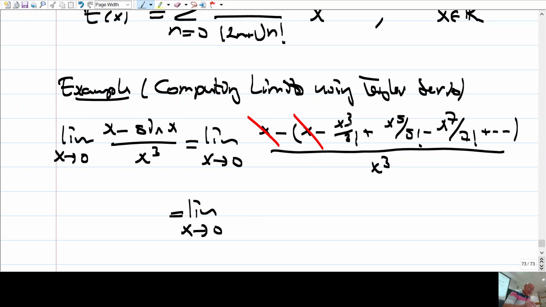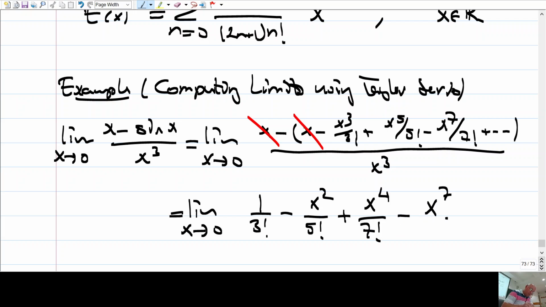This is plus x cubed over 3 factorial, so this is just 1 over 3 factorial, x cubed divided by x cubed. So you have this. And then you have minus x squared over 5 factorial plus x to the 4 divided by 7 factorial plus x to the power 7.